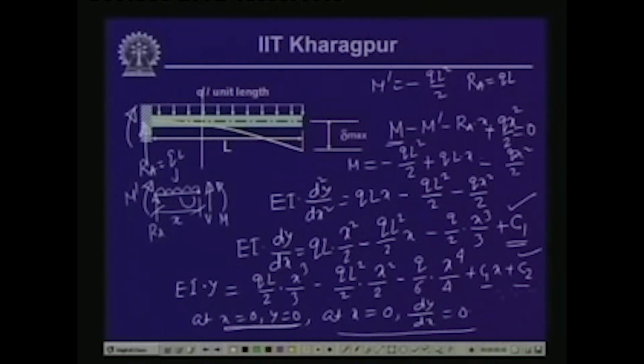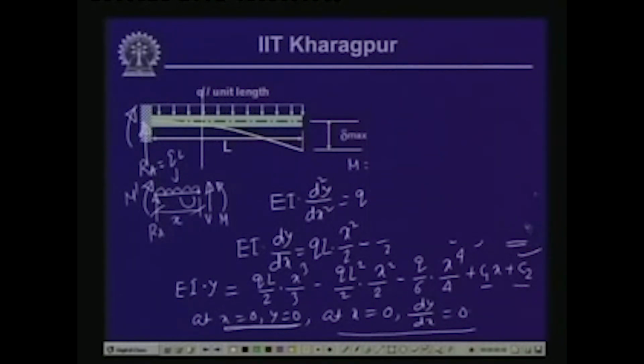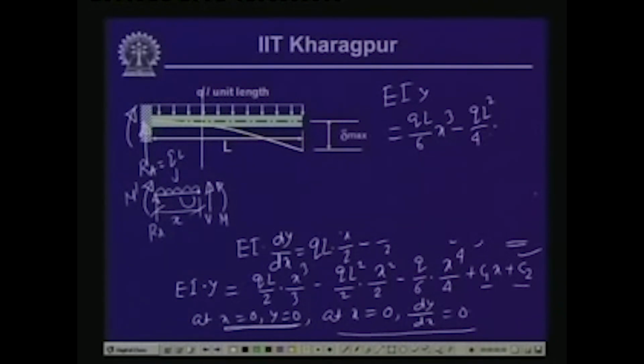So both C1 and C2 are 0, and hence the expression for the deflection curve is EI y equals QL by 6 x cube minus QL square by 4 x square minus Q by 24 x to the power 4.